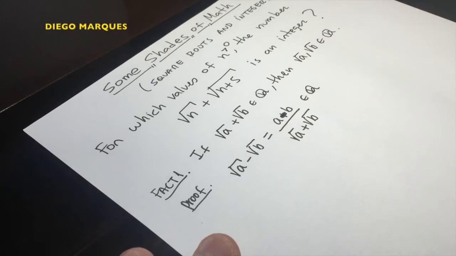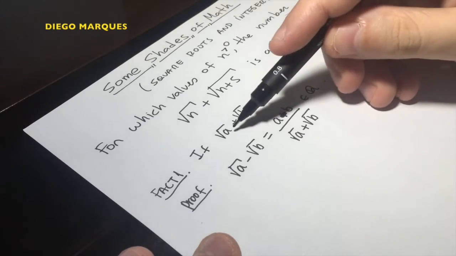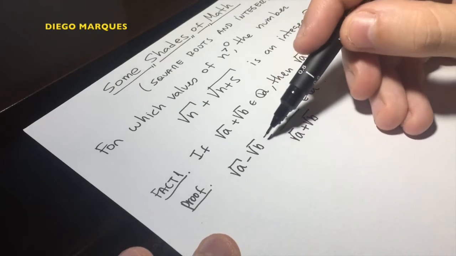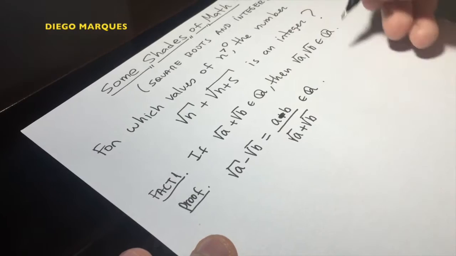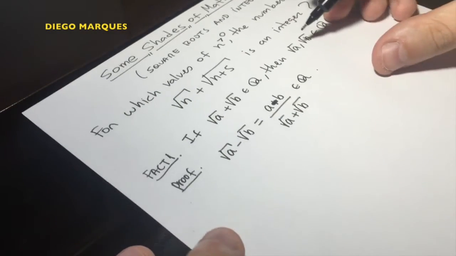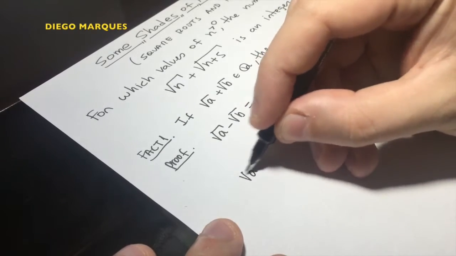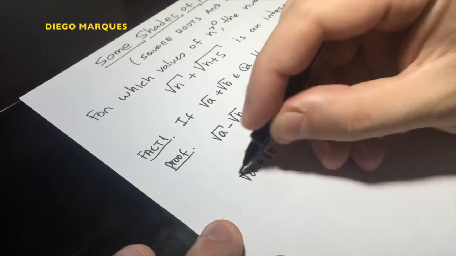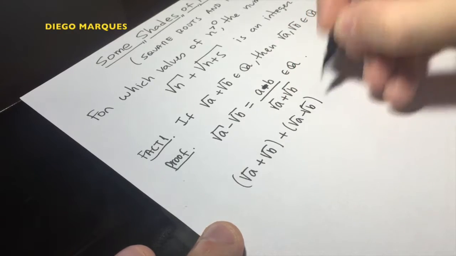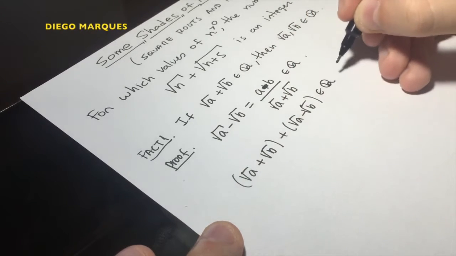Okay, so what happens if square root of a plus square root of b is rational? It implies that square root of a minus square root of b is rational. But we know that the sum of two rational numbers is still a rational number, so square root of a plus square root of b plus square root of a minus square root of b must be a rational number.